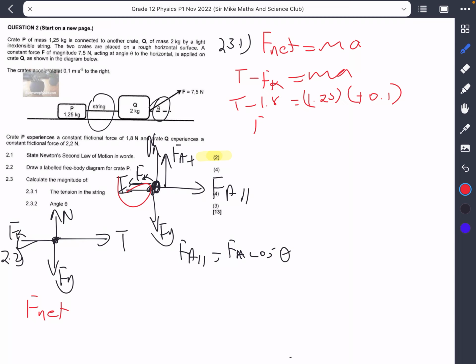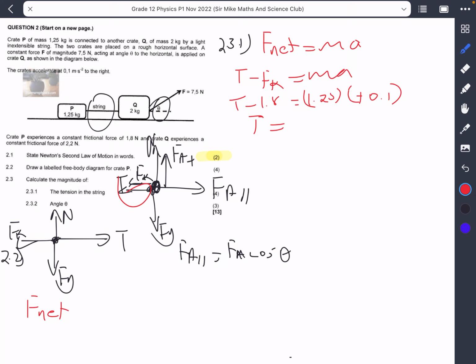Now, as you can note, we actually have one unknown there. So to find T, I'm just going to transpose everything to the other side. So this would be 1.25. Let me just take my calculator. You can also take yours so that you can confirm if I'm getting the right answers.